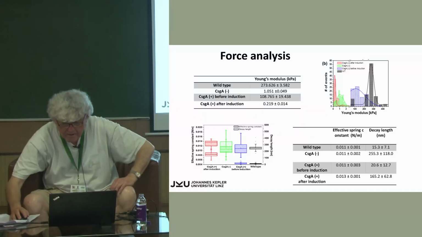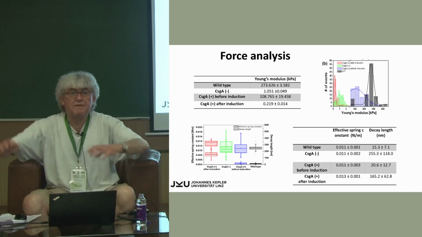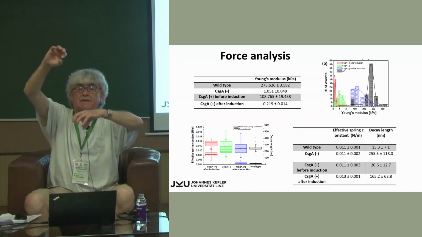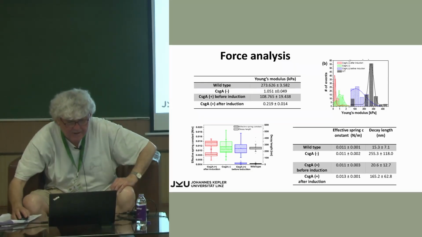Wild type does not form it, so the CSGA knockout mutant forms flagella. The CSGA after induction forms curly proteins, and this can be sensed by the AFM tip before it reaches the actual membrane of the bacteria.